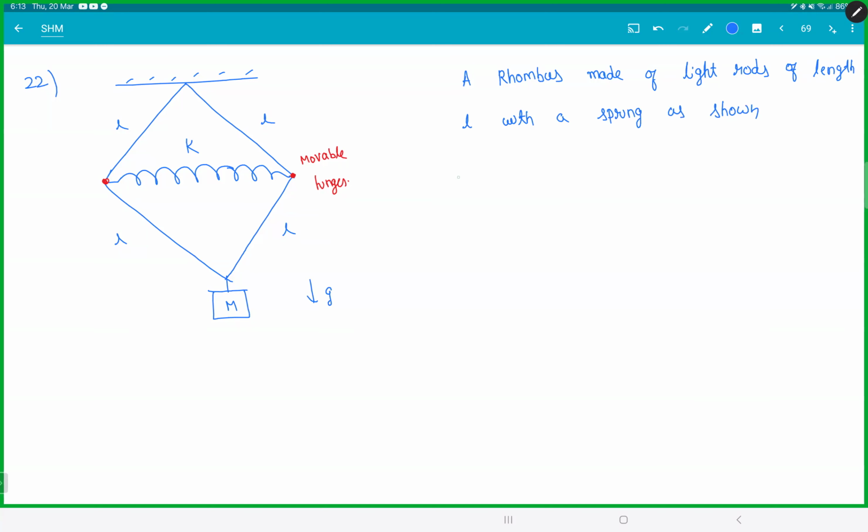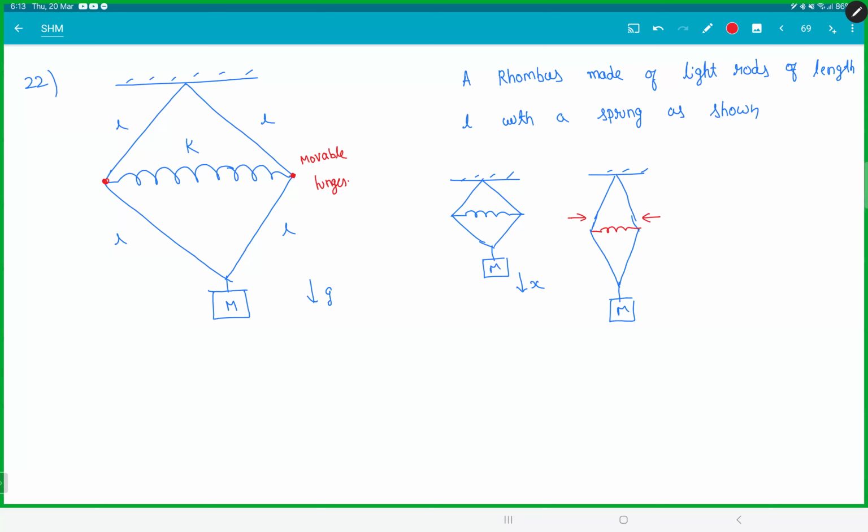So how will this guy move? Look at this picture. If I pull this block down by X, the spring will get compressed, isn't it? The spring gets compressed this way. Able to visualize the picture?